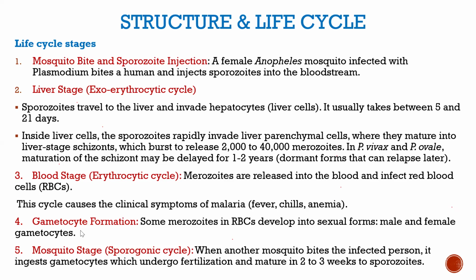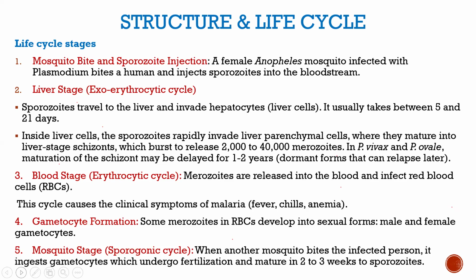Some of the merozoites in the red blood cell develop into cellular forms, which will not be an infective stage. So when another mosquito comes and bites the person, it will take up these gametocytes and they will start developing inside that mosquito again.